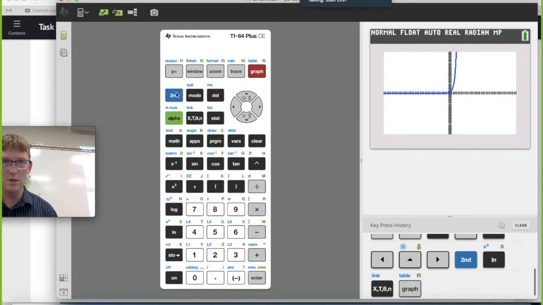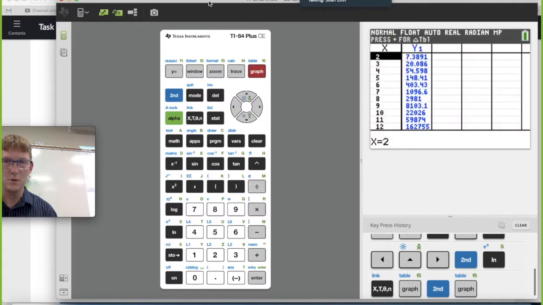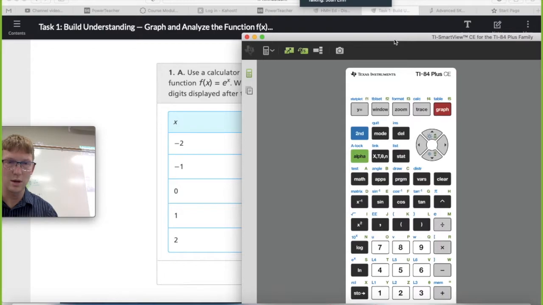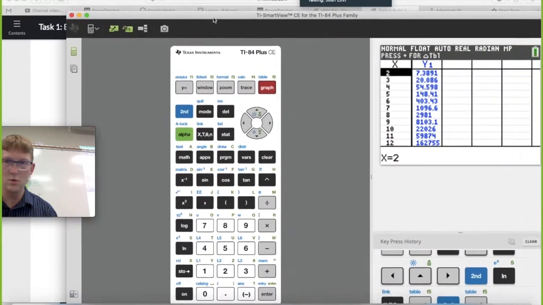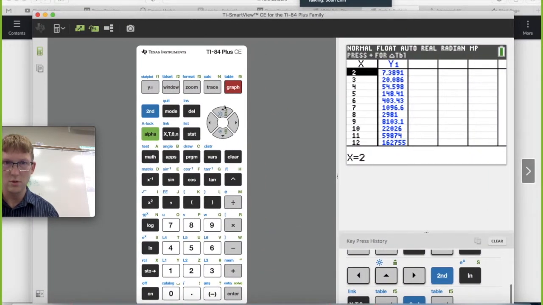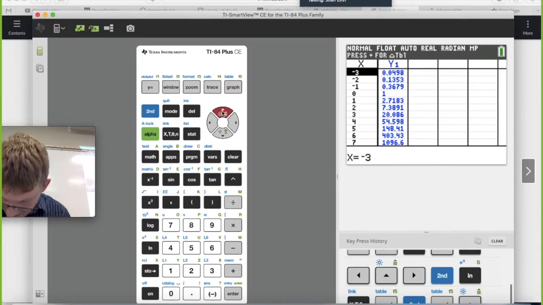But what I really want to see is our table. So what numbers do we need? Negative 2, negative 1, 0, 1, and 2. I'm just going to write these numbers on the screen.